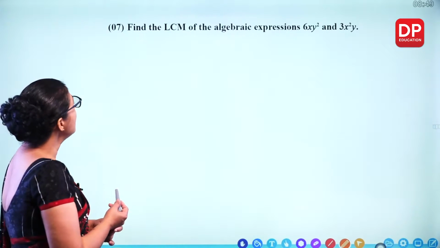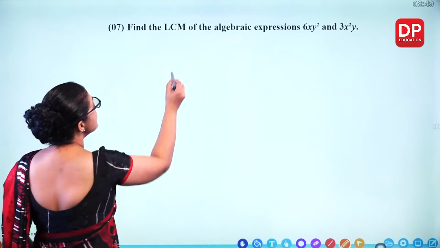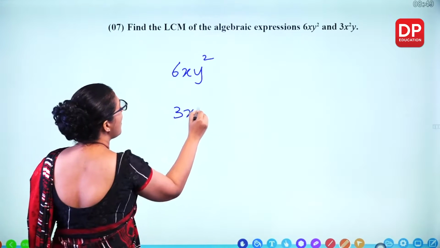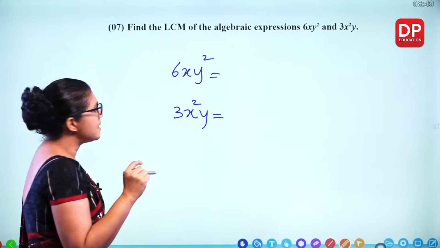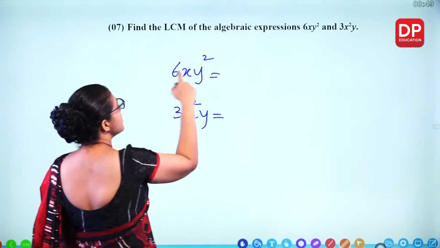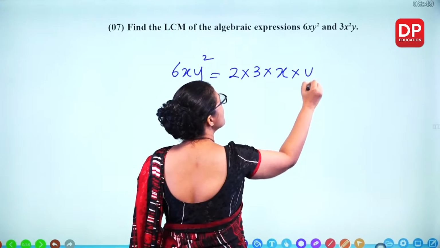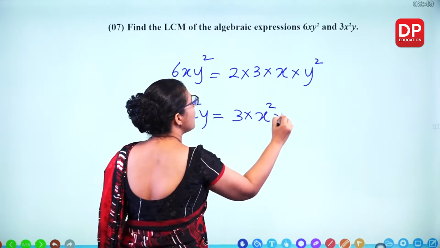Question number 7. Find the lowest common multiple of the algebraic expressions 6xy squared and 3x squared y. So first we can write down all distinct numbers. 6 means 2 times 3. X and y squared. Here 3, x squared and y.